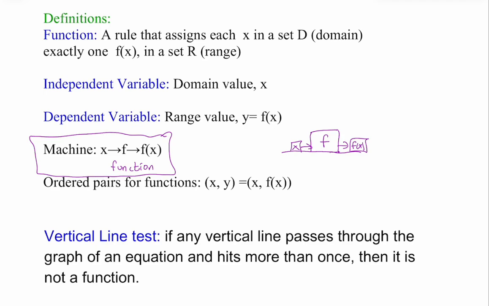It is an input-output device. I am inputting something. I am getting a value because the function did something to it. Maybe the function adds 2 to it. Maybe the function triples it. Maybe the function squares it. Maybe the function does lots of different things to it. But you want to make sure that you think of a function like a machine. Input, output. I input something. The function does something to it. It comes out as an output.